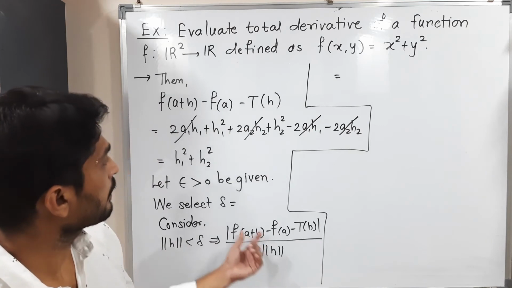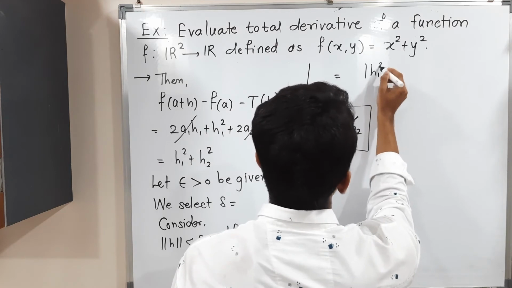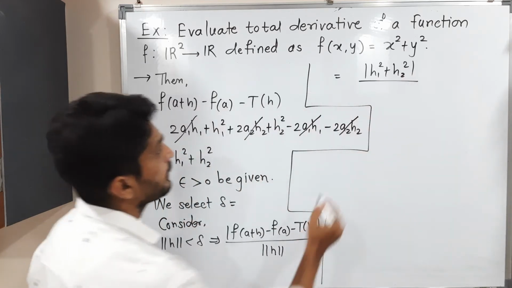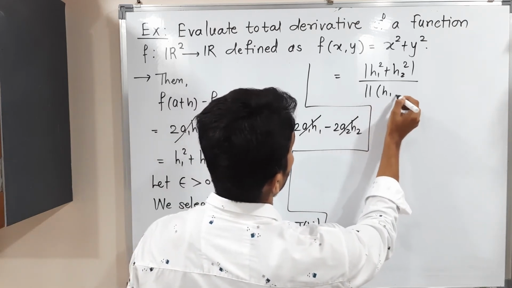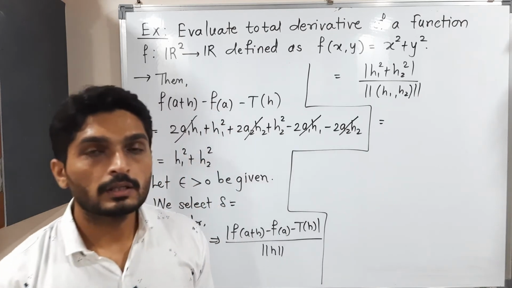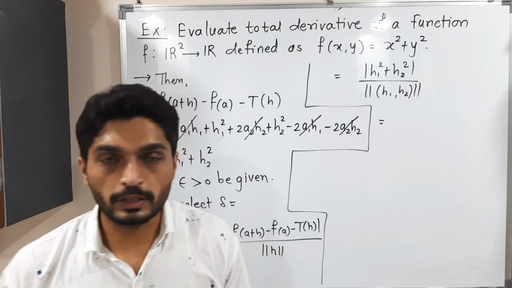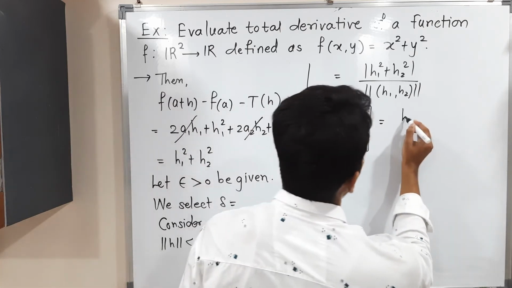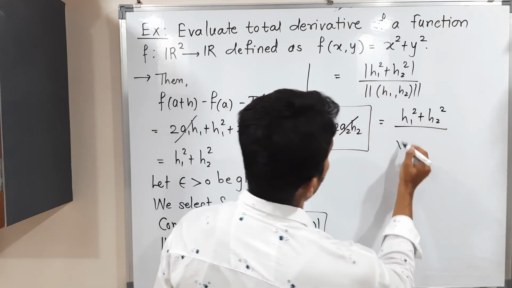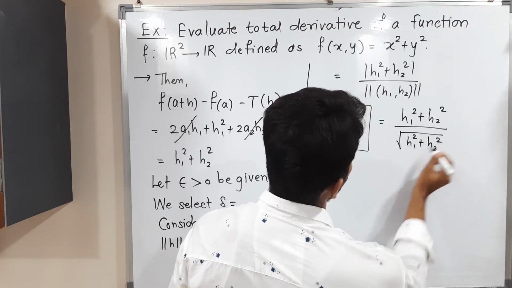Numerator already we have calculated, its value is mod h1 square plus h2 square divided by norm h, where h is h1 comma h2. If you think about the numerator, there are squares, which cannot be negative, so there is no need of mod. So I can write h1 square plus h2 square, and by the definition of norm, square root of h1 square plus h2 square.